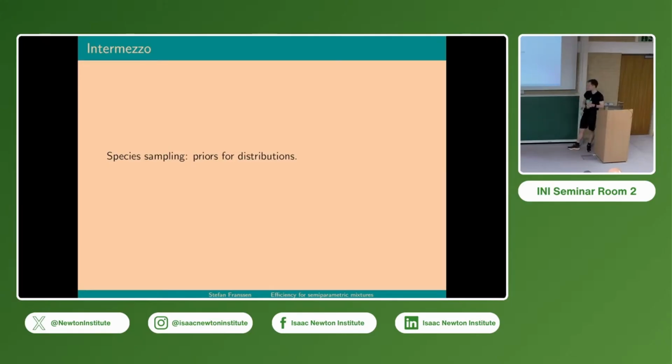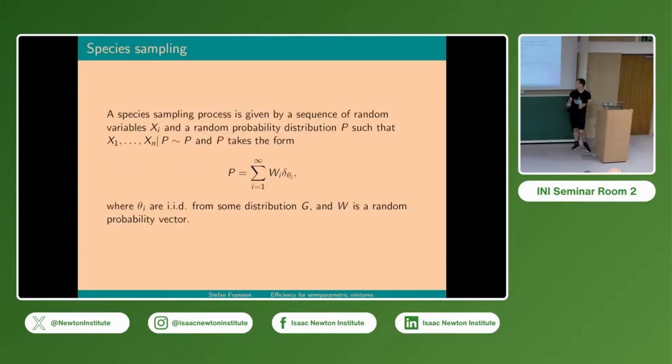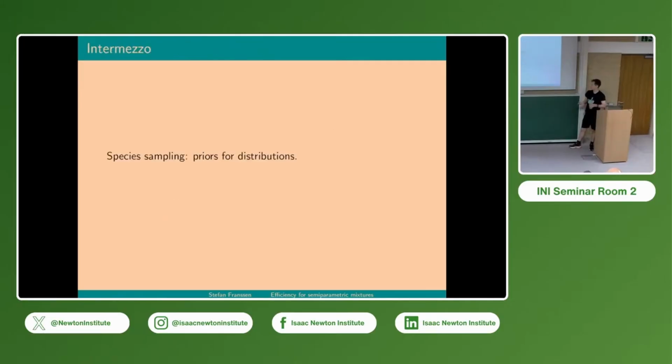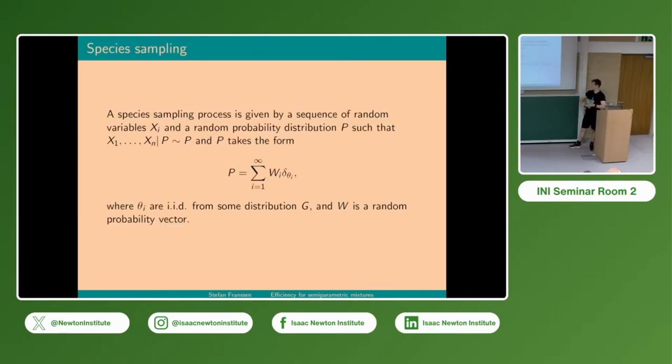In practice, people use species sampling models. For example, the Dirichlet process, that's the next example. Species sampling models are a broad class of distributions, and they are discrete. You have a collection of weights and points, these theta i, these point masses, are IID from some distribution G, and these weights are just a random probability vector.